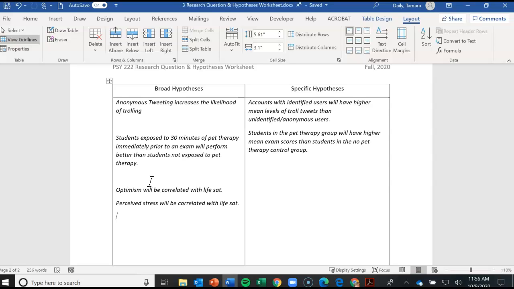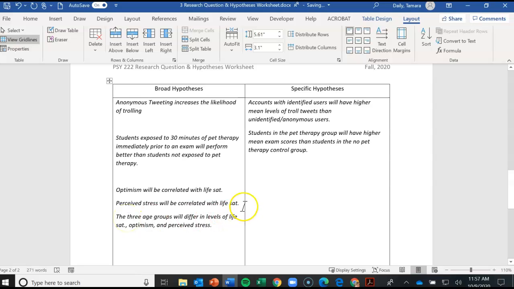And I may also predict that the three age groups. So my first broad hypothesis: optimism will be correlated with life satisfaction. Perceived stress will be correlated with life satisfaction.